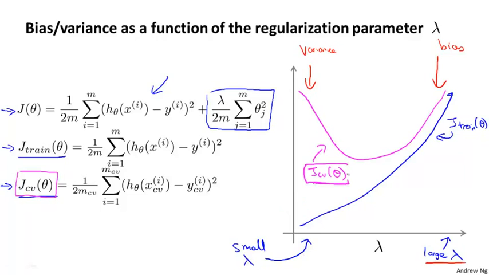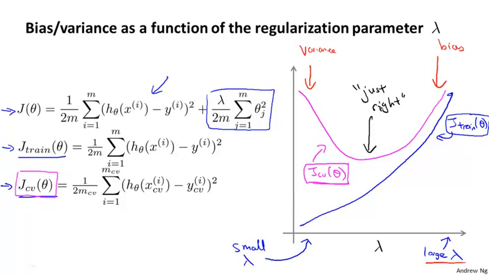And so this is what the cross-validation error and the training error may look like on a training set as we vary the regularization parameter lambda. And once again, it will often be some intermediate value of lambda that is, quote, just right, or that works best in terms of having a small cross-validation error or a small test set error.